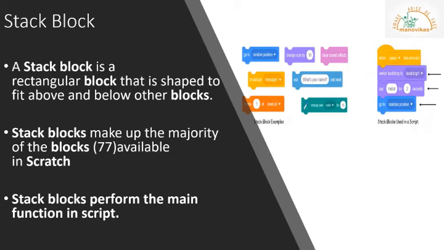So a hat block will be the beginning of the script, whereas with a stack block you can stack blocks above or below it. A stack block is a rectangular block which is shaped to fit above and below other blocks. If you look at the blocks, you will see there is a provision made wherein the other blocks fit in.